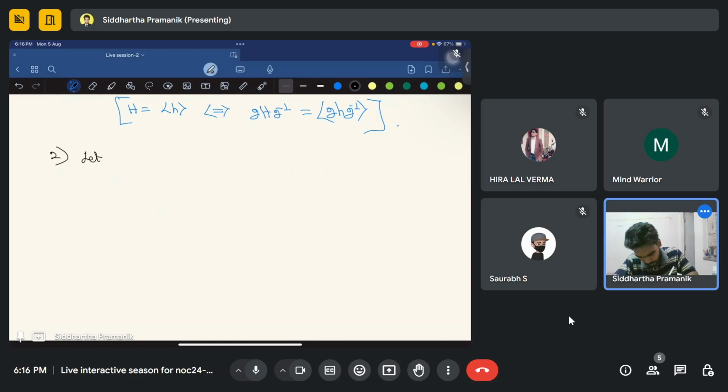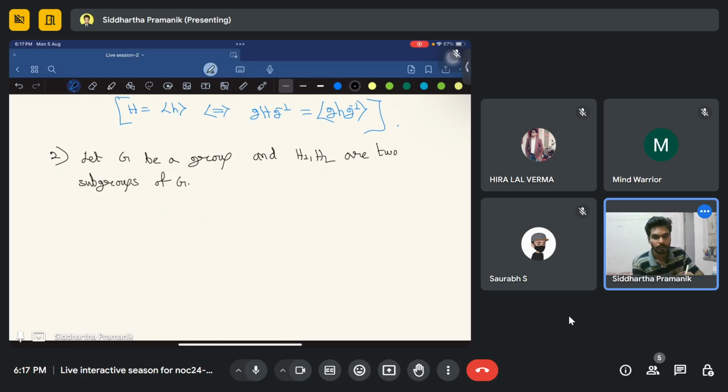So let G be a group and H1, H2 are two subgroups of G. Then using H1 and H2, we will produce another subgroup, so that H1 intersection H2 is also a subgroup.